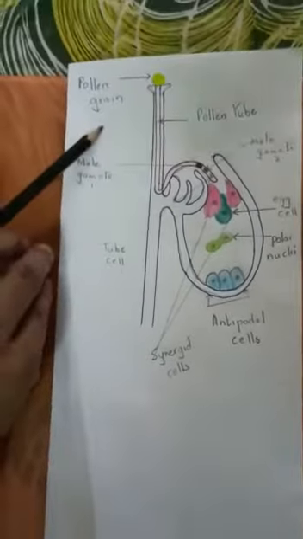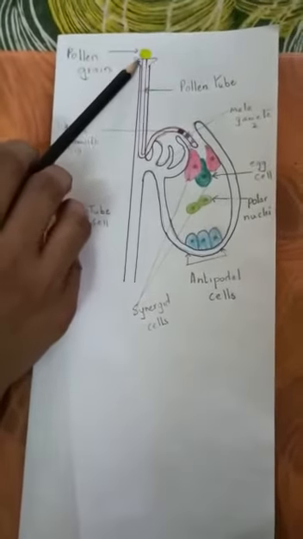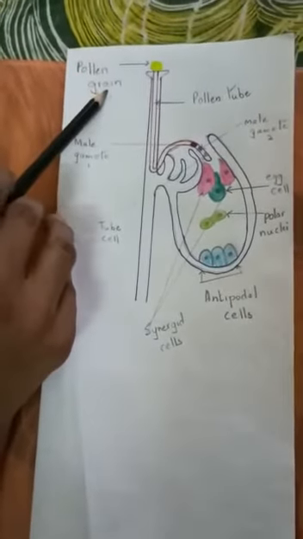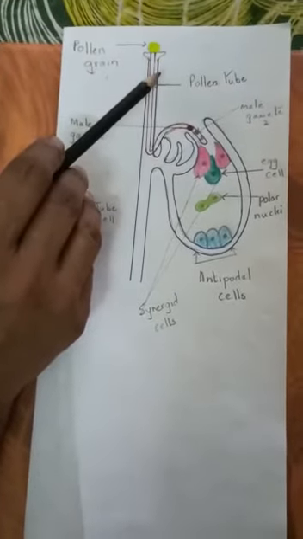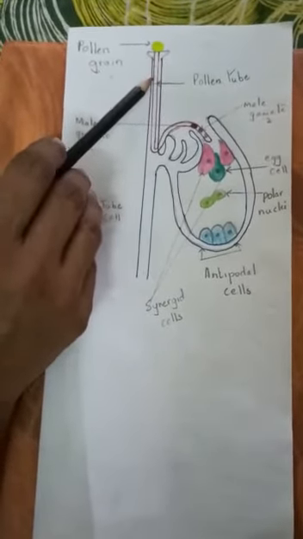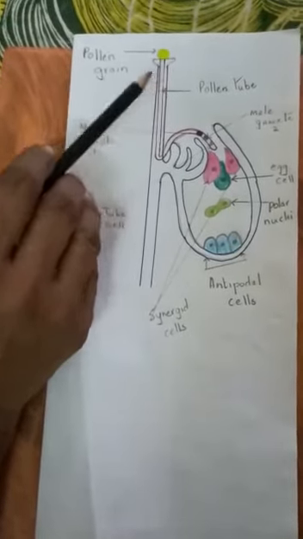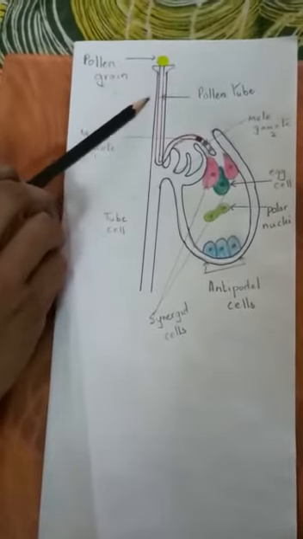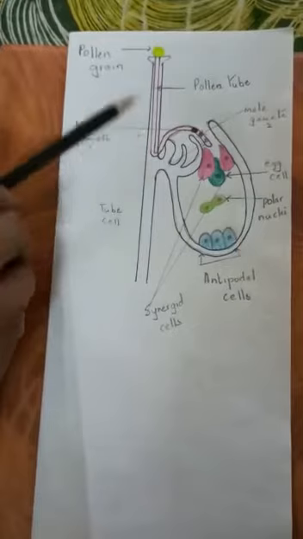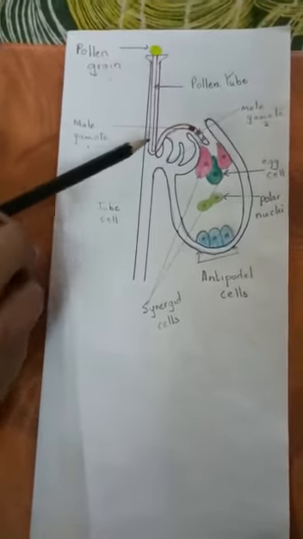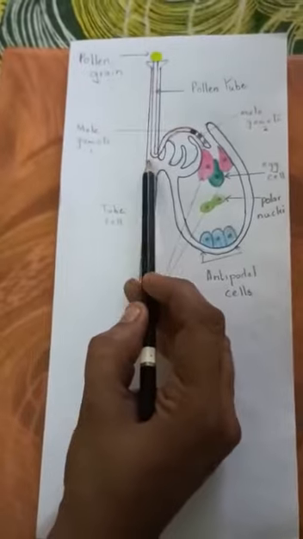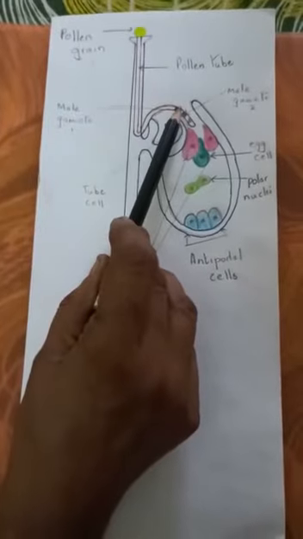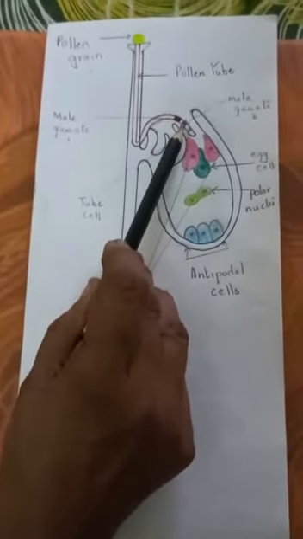When the pollen grain lands on the stigma of the flower of the correct species, that means if the pollen grain is of a mango flower, it has to land on the stigma of the mango flower only. When the species is correct, then the pollen grain starts producing a pollen tube in the hollow style, and this pollen tube will keep growing till it reaches the micropyle, that is the pore which is there on the ovule.